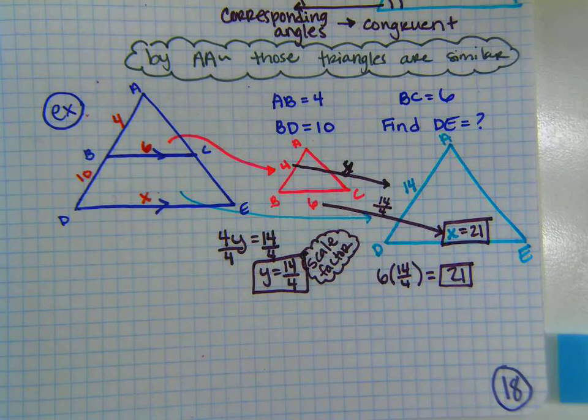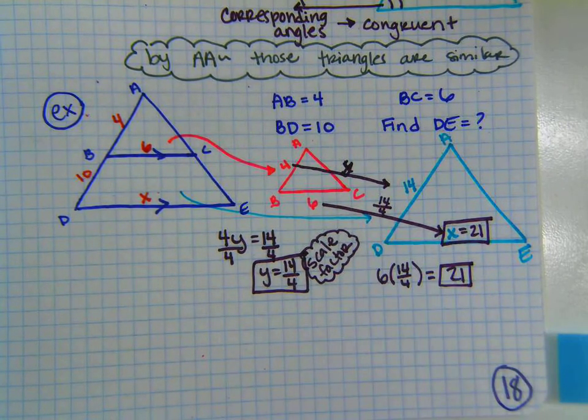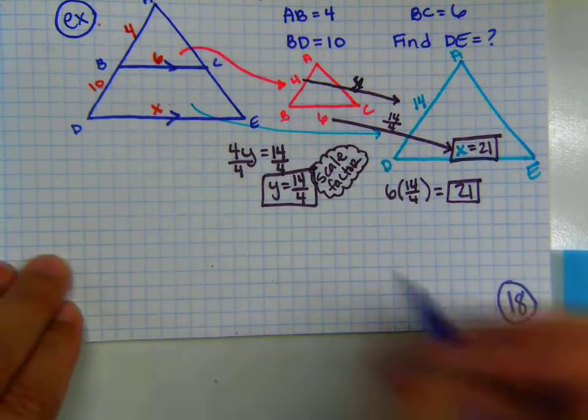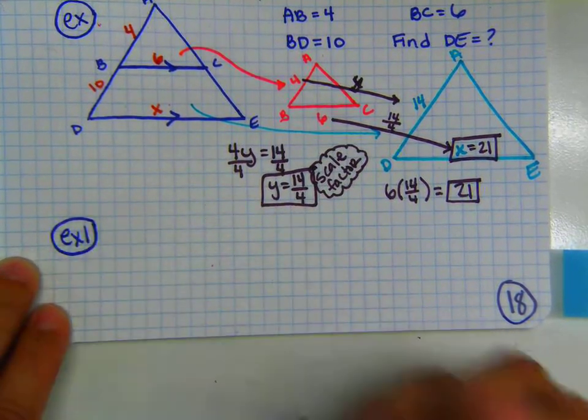Okay, like I said, you could have done proportions if that's how your teacher teaches it, but I'm going to do scale factor, which means I'm just solving for that scale factor and using it again. Okay? Now I'm going to have you do an example before I go over it. So this is going to be your first example doing this by yourselves.